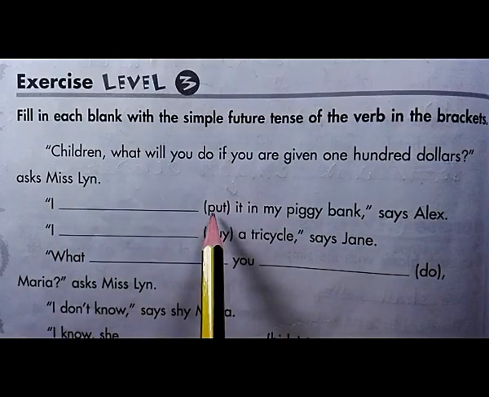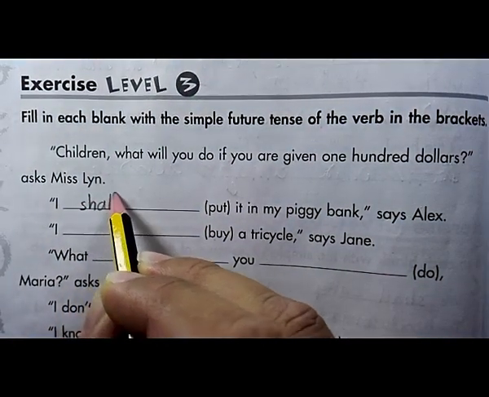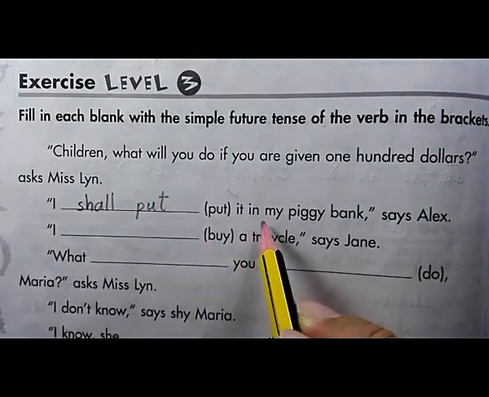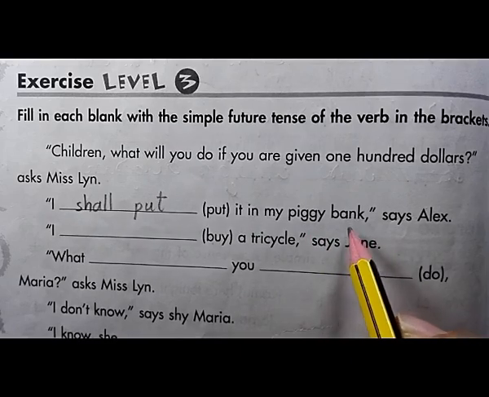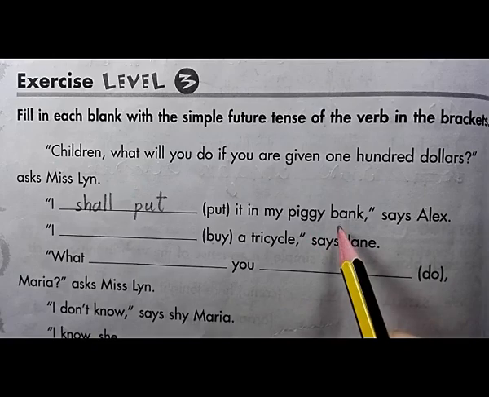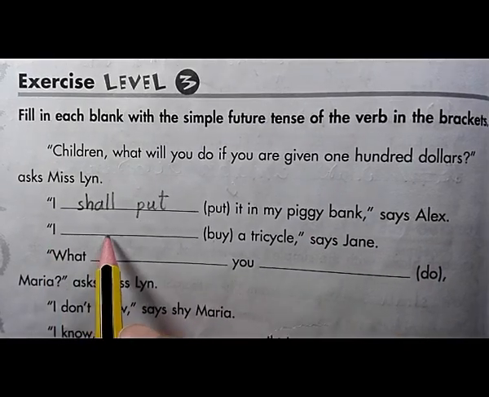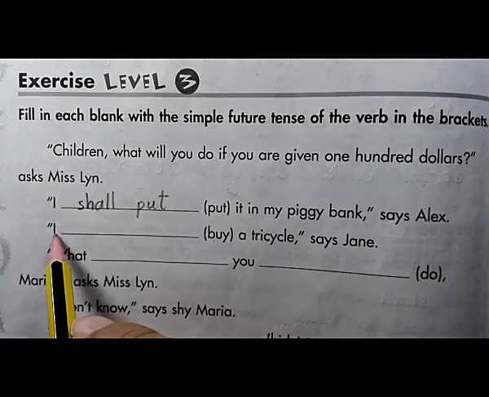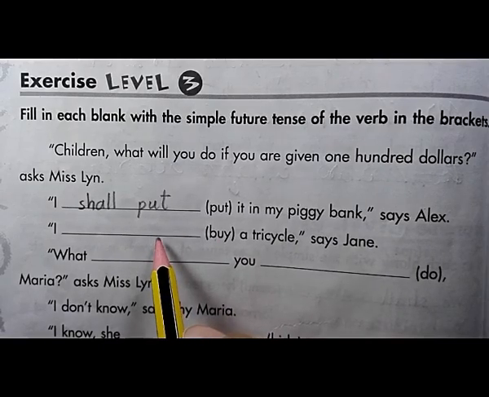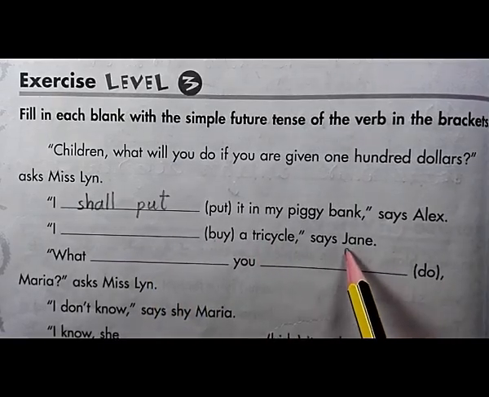I shall put it in my piggy bank, says Alex. I shall buy. As you can see here, I, so I shall, and first form buy. I shall buy a tricycle, says Jane.